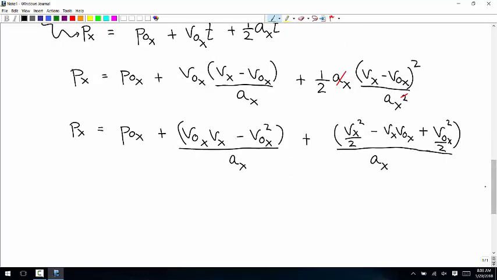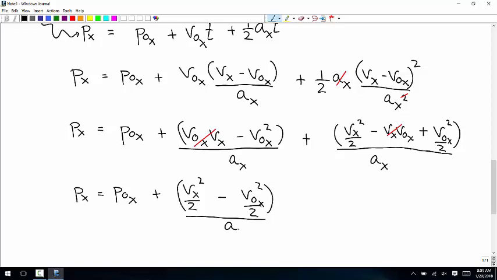Now these have the same denominator. So you get Px is equal to P0x plus Vx squared over 2, these two cancel, and then minus V0x squared over 2.